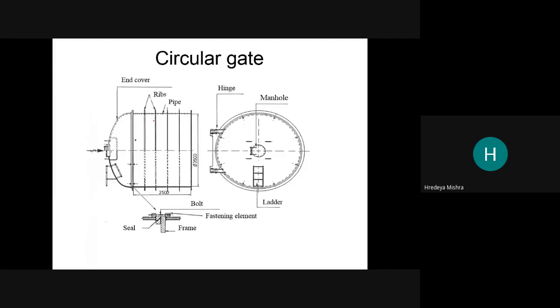Circular gate. See, the hinge is here. There is a manhole. A man enters here for repairing. This is the ladder to enter inside, and this is the end cover. Rib here. This is the pipe, and from here we can supply the water.